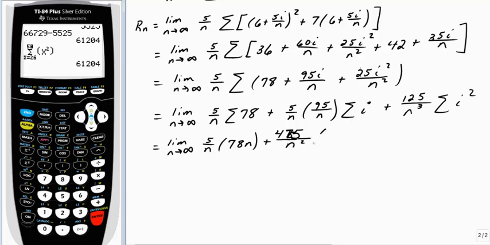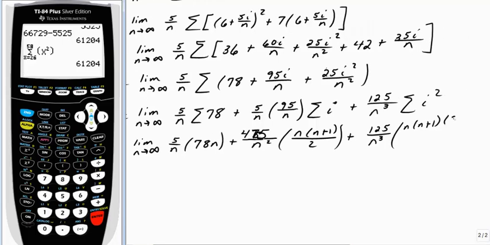Well, the summation of i's formula is n times n plus 1 all over 2. And then for my last one here, we'll have plus our 125 over n cubed, and it's multiplied by the summation formula for i squareds, which is n times n plus 1 times 2n plus 1, all over 6.